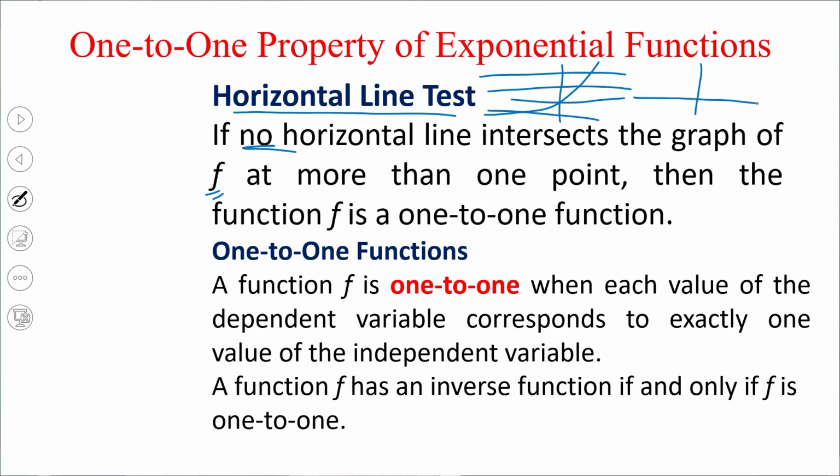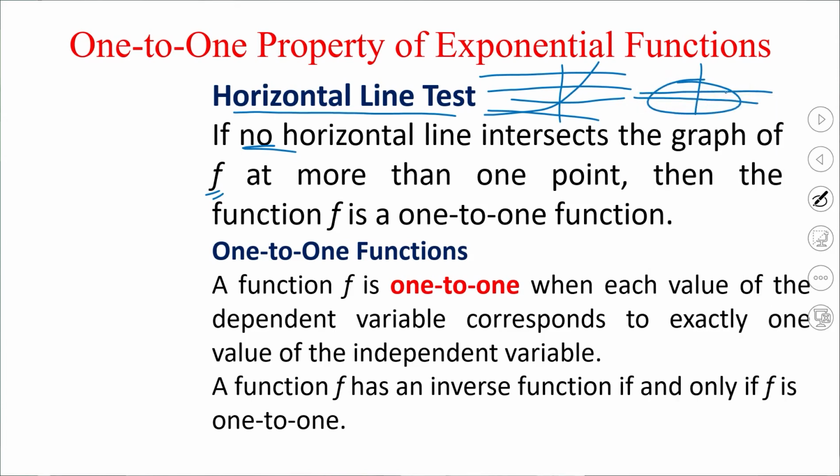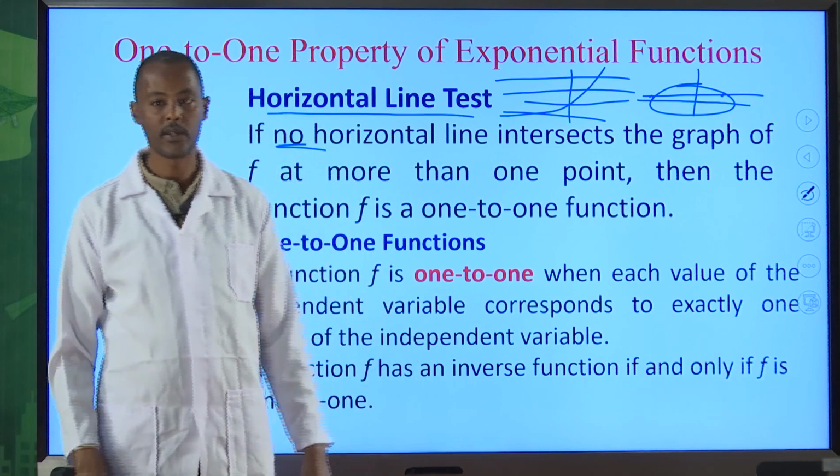But instead, if I have something like a circle or an ellipse, the ellipse can be cut at 2 different points, at one point here and at another point there. The line can cut the circle in more than one place.